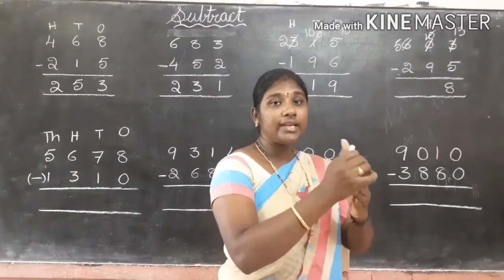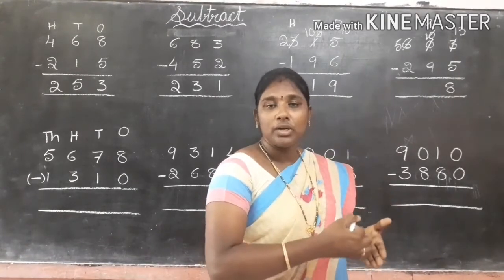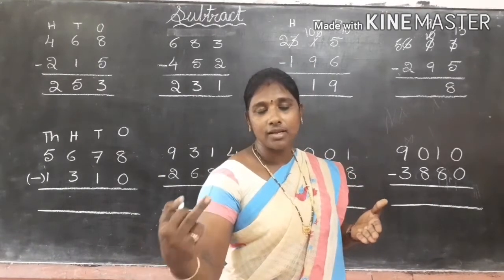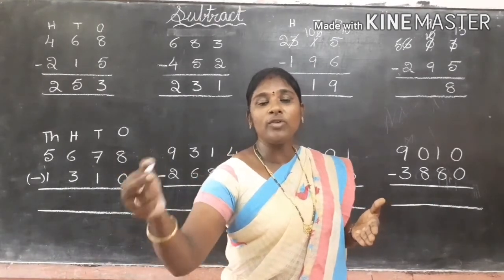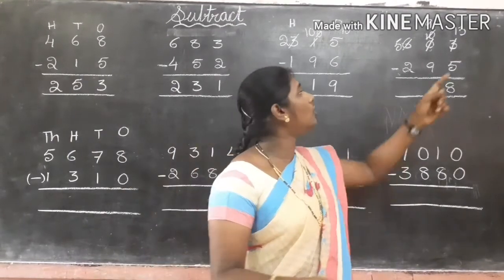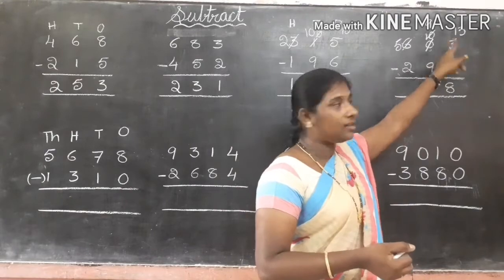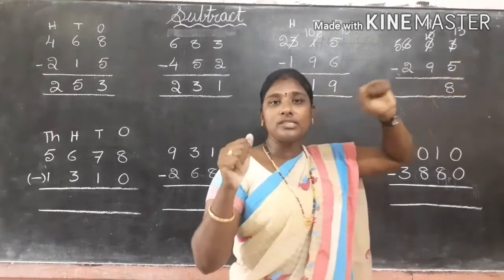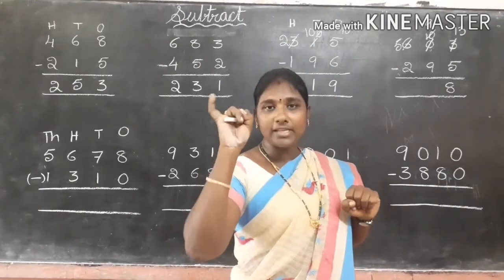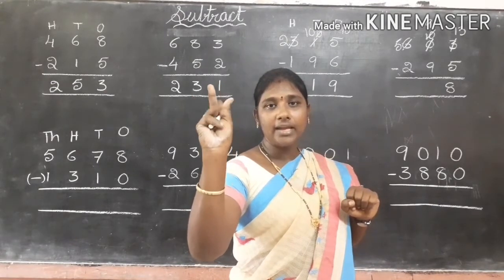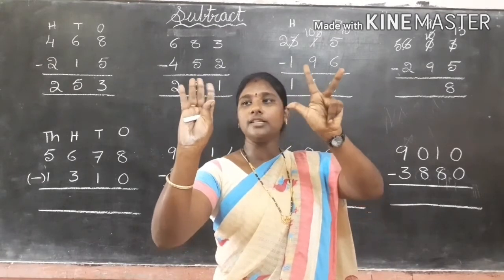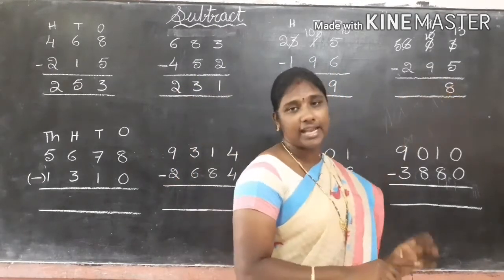Why? 1 ten is equal to how many ones? 1 ten is equal to 10 ones. So 10, 10 plus 3, 13. Down number 5, after that we have to count up to 13. How many fingers shall we open? 5 after 6, 7, 8, 9, 10, 11, 12, 13. So 8 fingers. So the answer is 8.